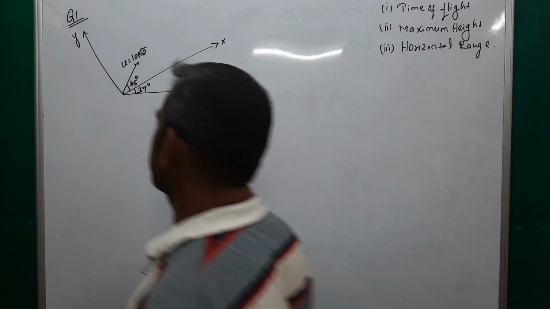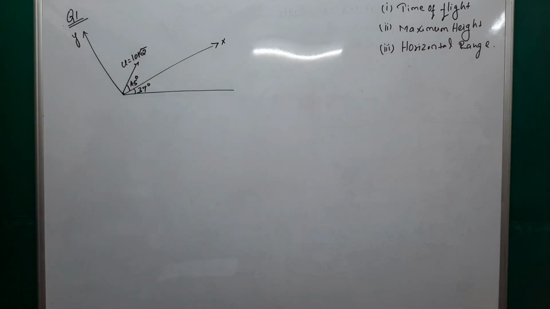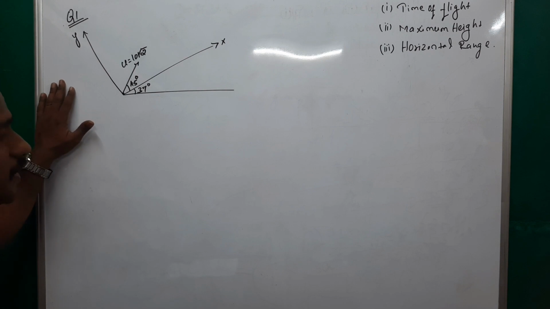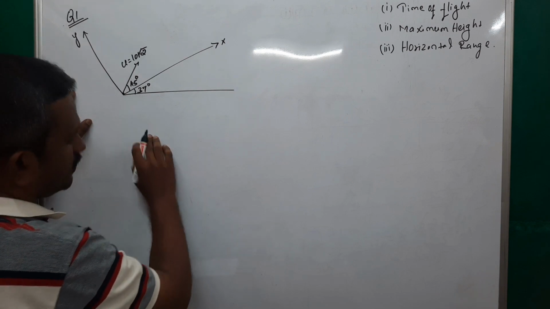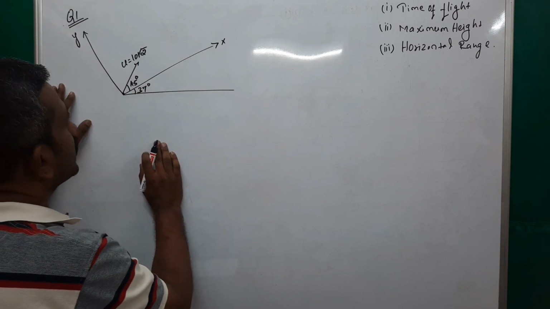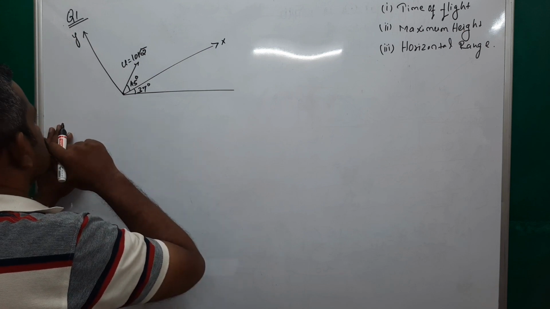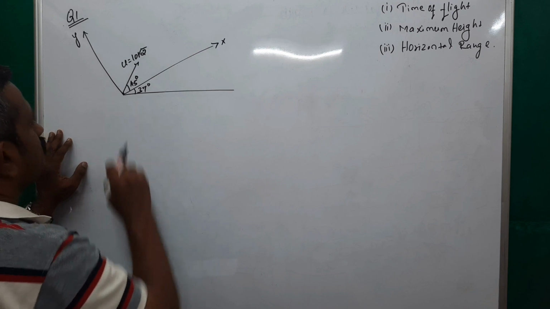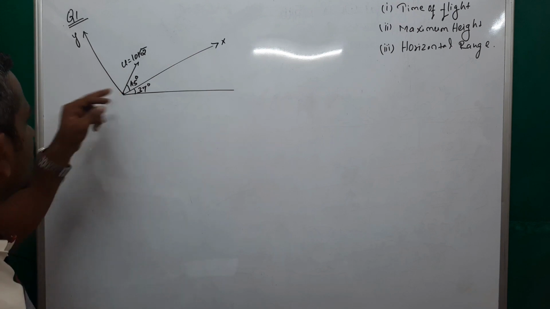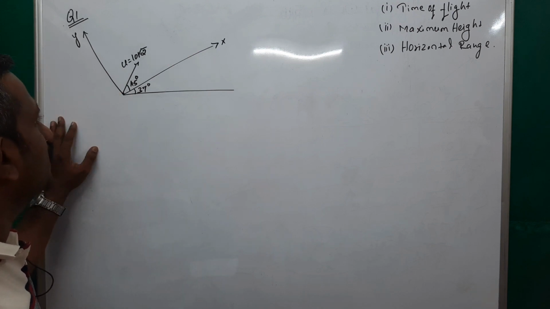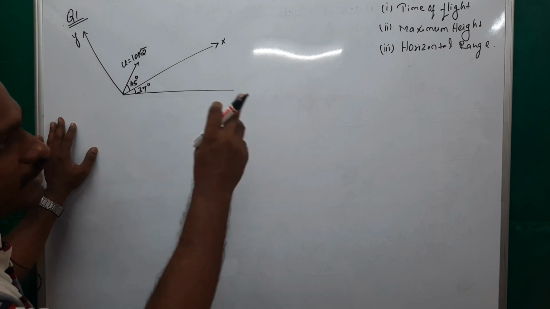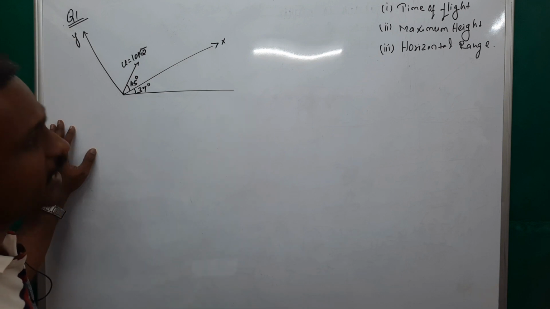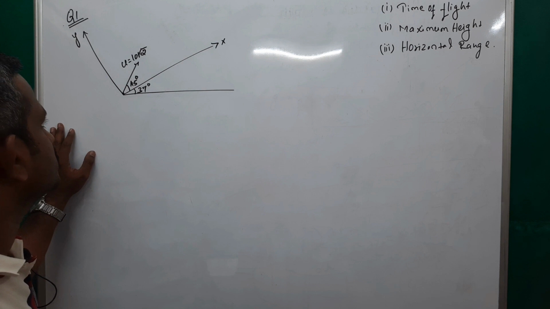Horizontal range. Okay, so this is the problem. Consider an inclined plane which makes 37 degree with the horizontal. An object is projected from here with the initial velocity 10 root 2 at an angle of 45 degree with the inclined plane. So we have to find the time of flight, maximum height and horizontal range.